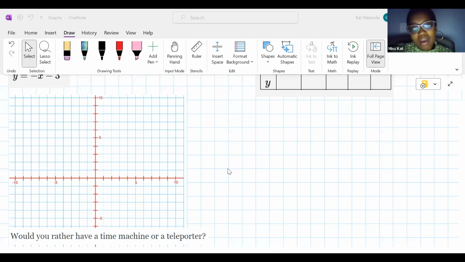I see some people would rather teleport. I'd rather teleport simply because I like staying in bed as long as I can. If I can shower and immediately be at work, I would be so happy. Novuya, what would you rather have? I would rather be able to teleport. Same.